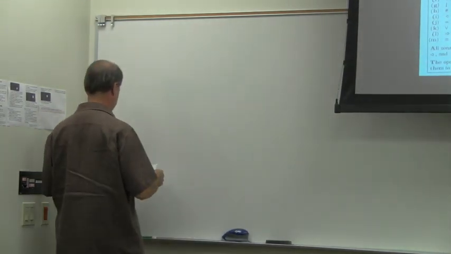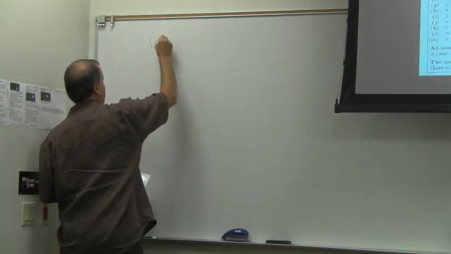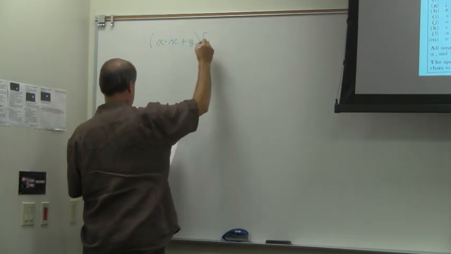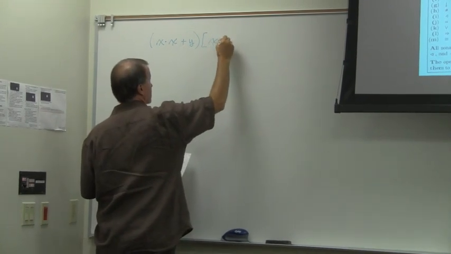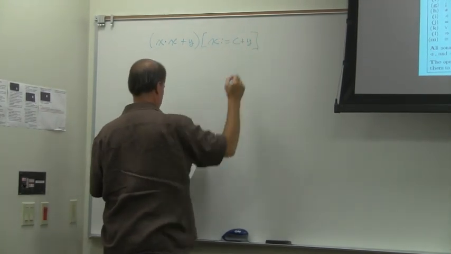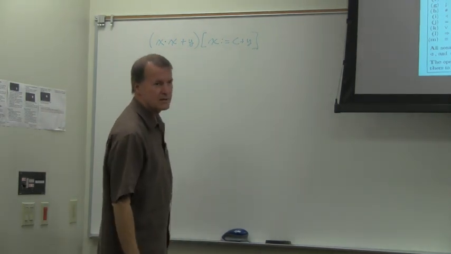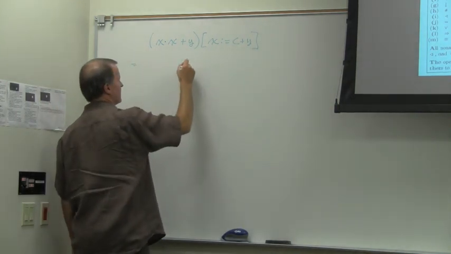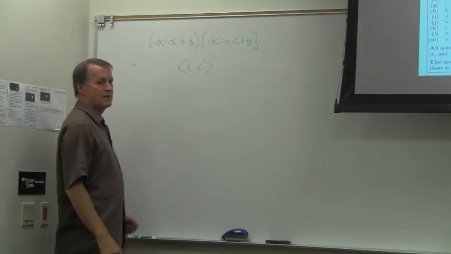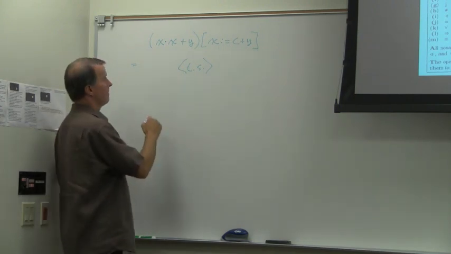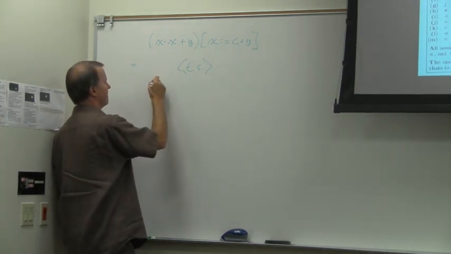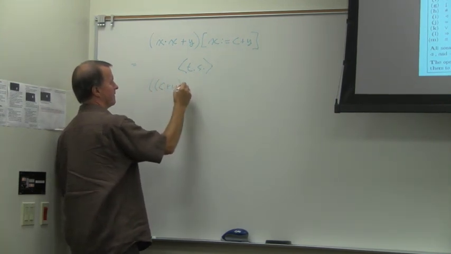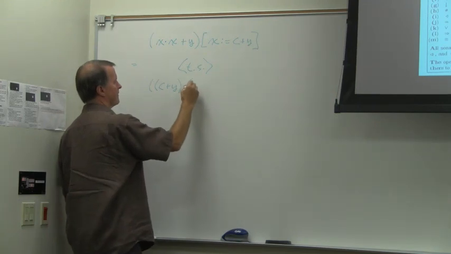How about parentheses x times x plus y parentheses, textual substitution x replace c plus y, like this. What do you think, Mason? Equals by. So you would do parentheses and then parentheses c plus y close parentheses times parentheses c plus y again, good?